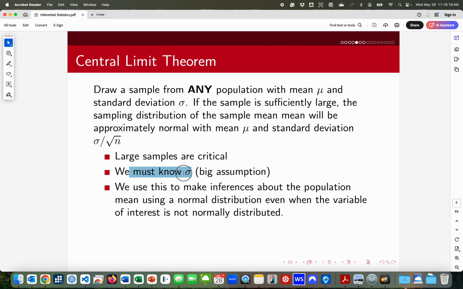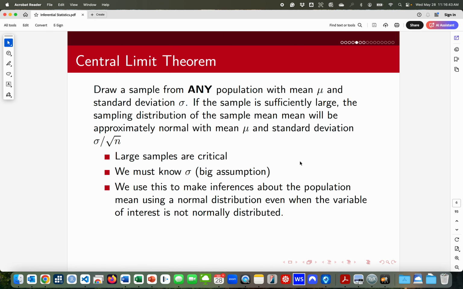If you know what sigma is, which is a big assumption, we actually don't know that in most cases, we can make inferences about the population mean using the normal distribution. So even though we talked about the normal distribution, how to identify when things look normal, when they're not normal, if we're trying to make inference about the population mean, we can do that using the normal distribution even if the underlying distribution isn't normal.